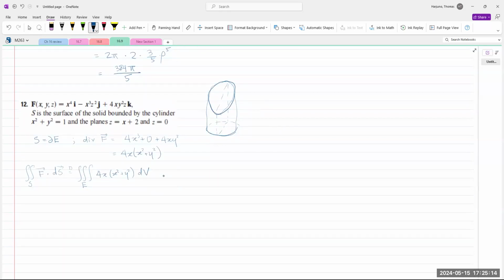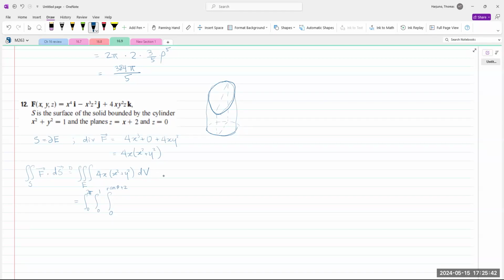Okay, I will make it into cylindrical integration, the integral from 0 to 2 pi, the integral from 0 to 1, right? And then as for the height, this will be the integral from 0 to x plus 2, which is r cosine theta plus 2, right?